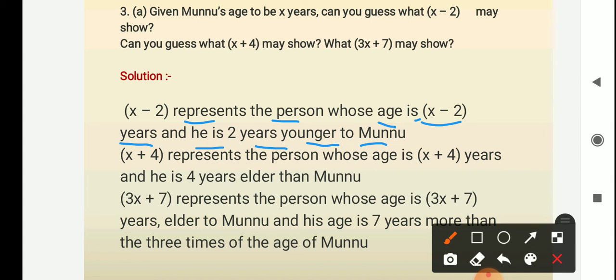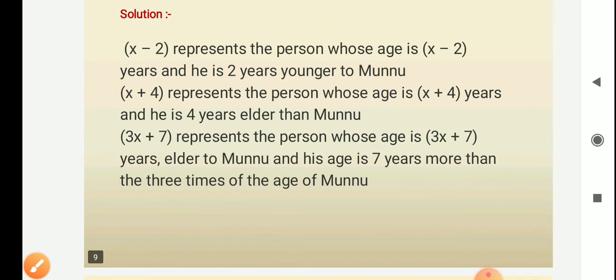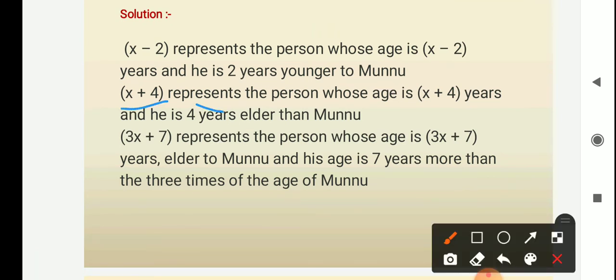Next expression is x plus 4. It represents the person whose age is x plus 4 years, means that person is 4 years elder than Munnu. Here 4 is added, so the person is elder than Munnu.